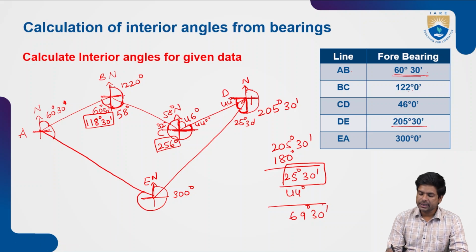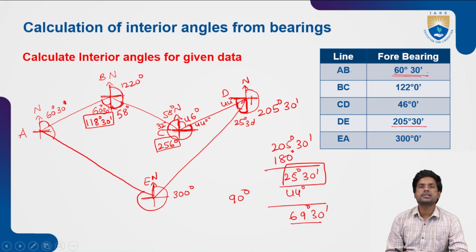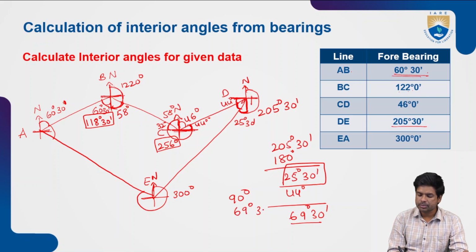So from 90 degrees subtract the 69 degrees 30 minutes, because if from this quadrant you subtract this angle and this angle, then automatically you can get the remaining angle, that is the included angle. So now 90 degrees minus 69 degrees 30 minutes.